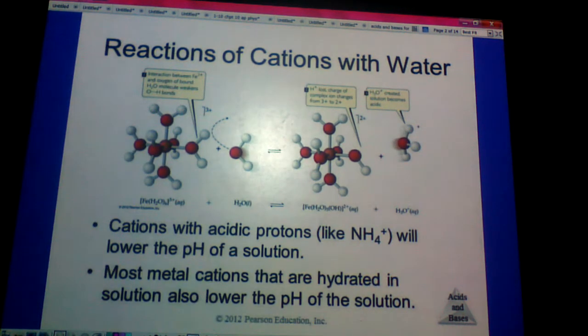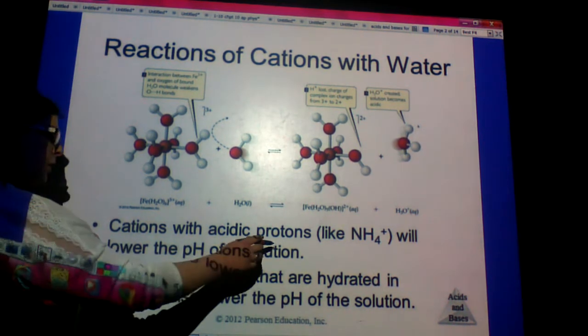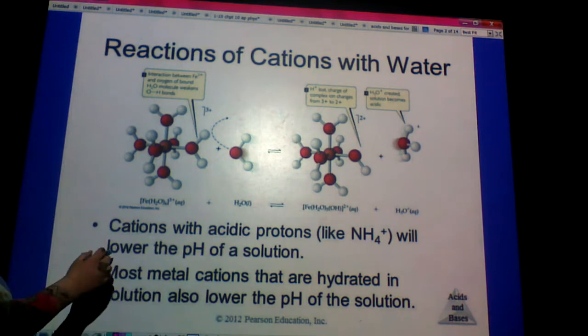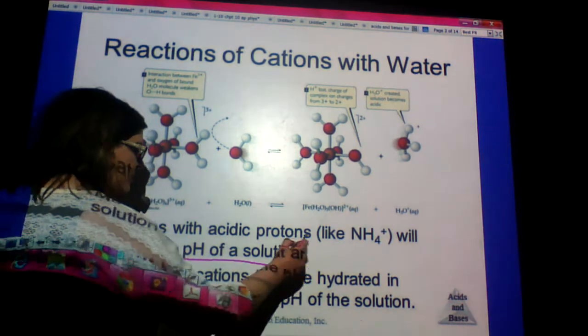Let's go back. Okay, let's think about cations. Anions are going to ultimately, like we said, make the pH more basic, as long as it's a weak acid. Strong acid isn't going to have really any effect on pH. So we can also think about reactions of cations with water. Cations that have more acidic protons are going to lower the pH of the solution.